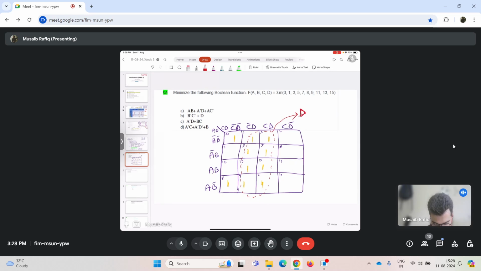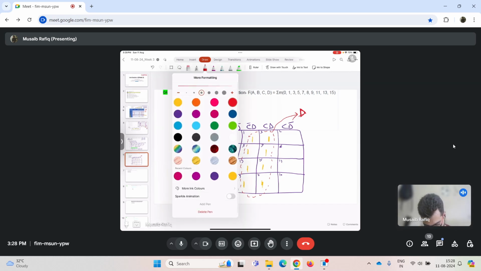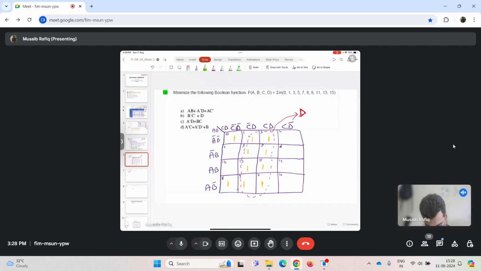So now these two minterms are left, 0 and 8. So I can cover them with a chord. So the chord will be like this. And the minterm corresponding to this chord will be B bar, C bar, right?